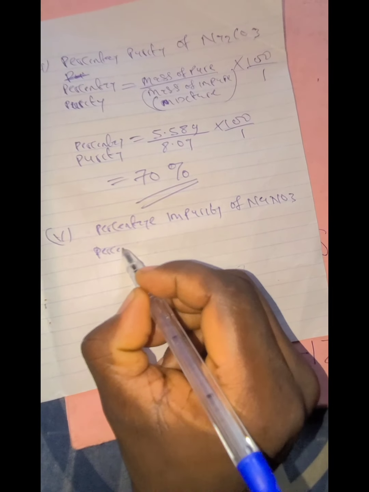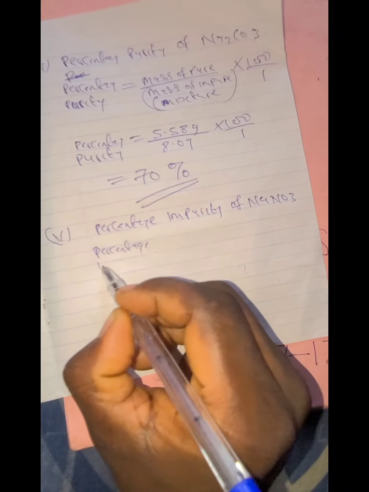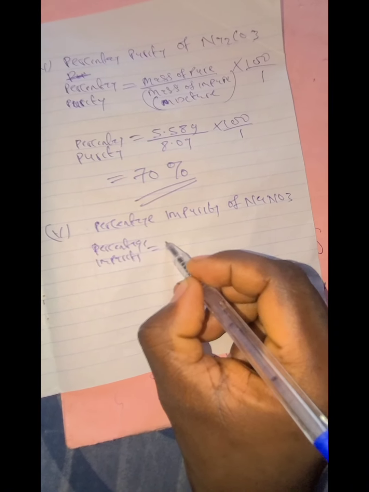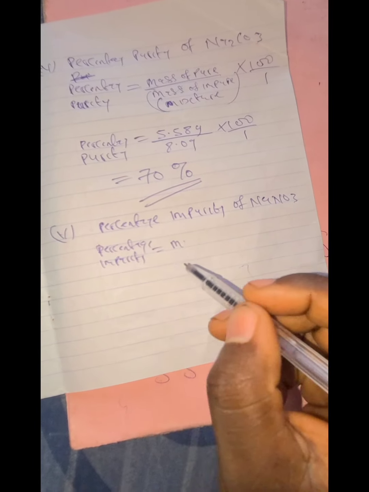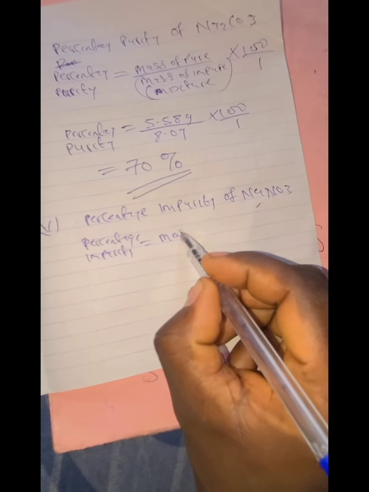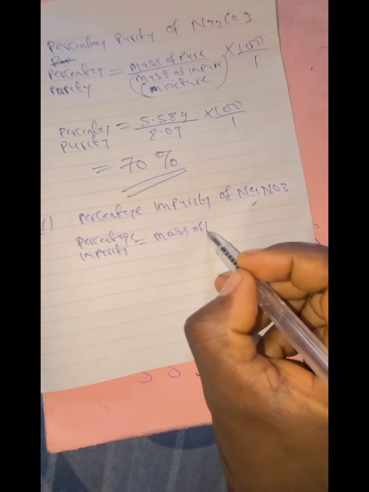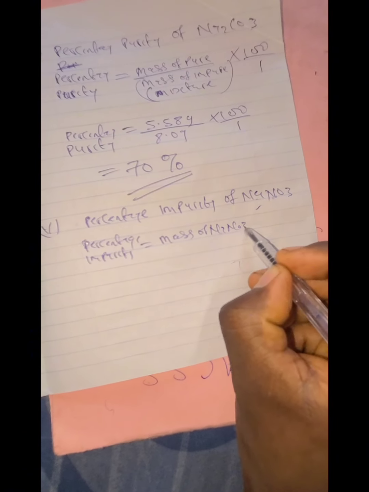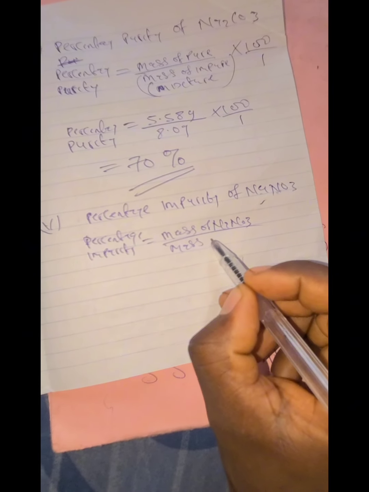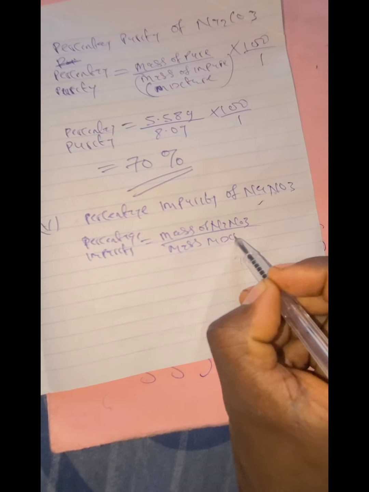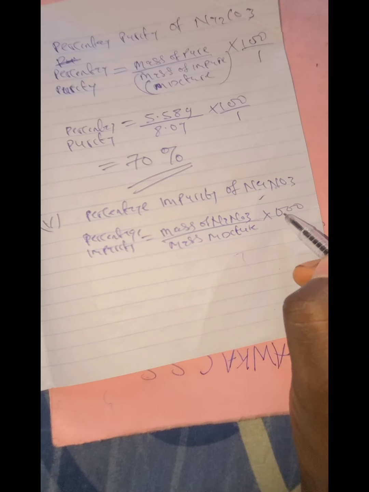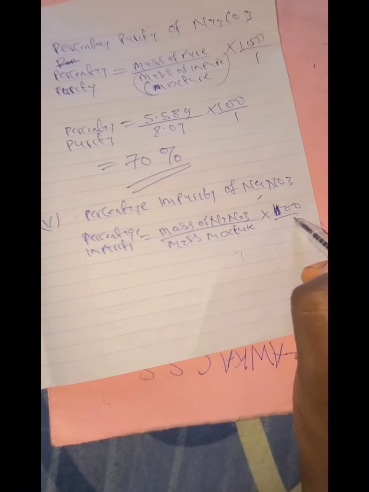Percentage impurity is equals to the mass of NaNO3 over the mass of the mixture or the mass of the impure, anyone, times 100 over 1.